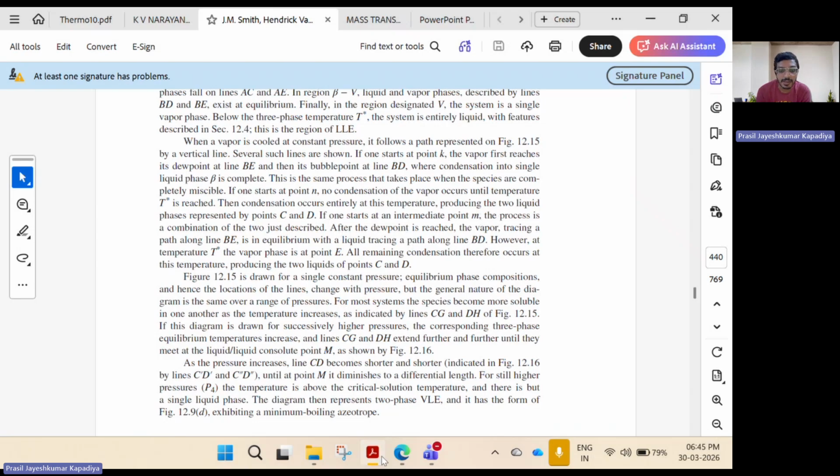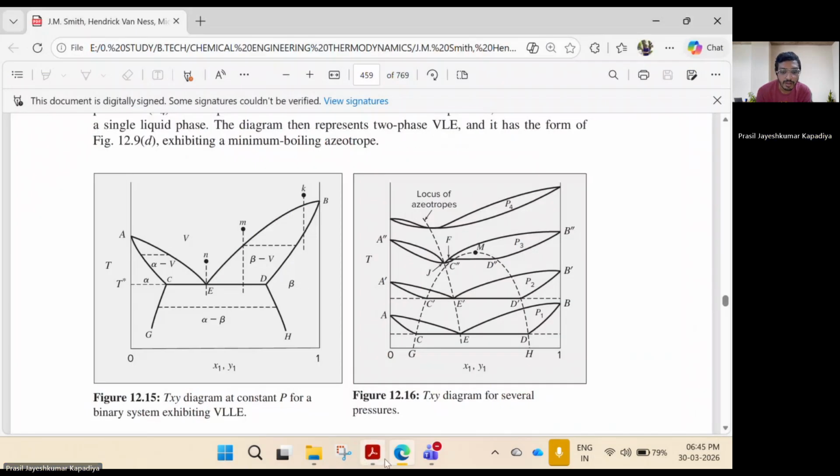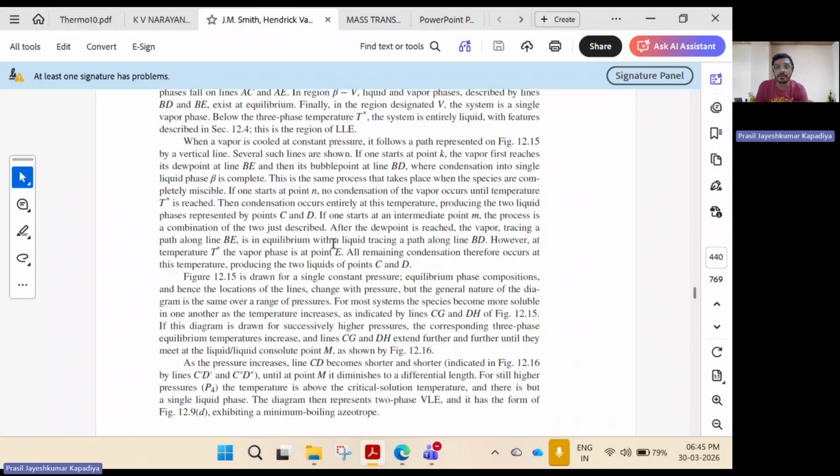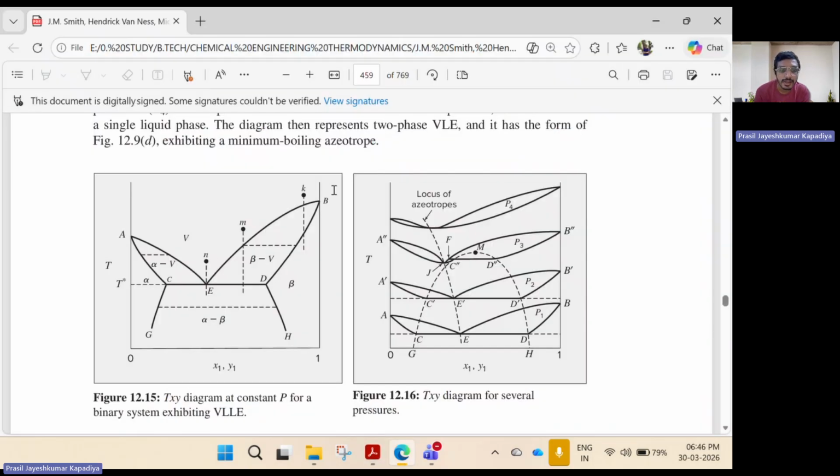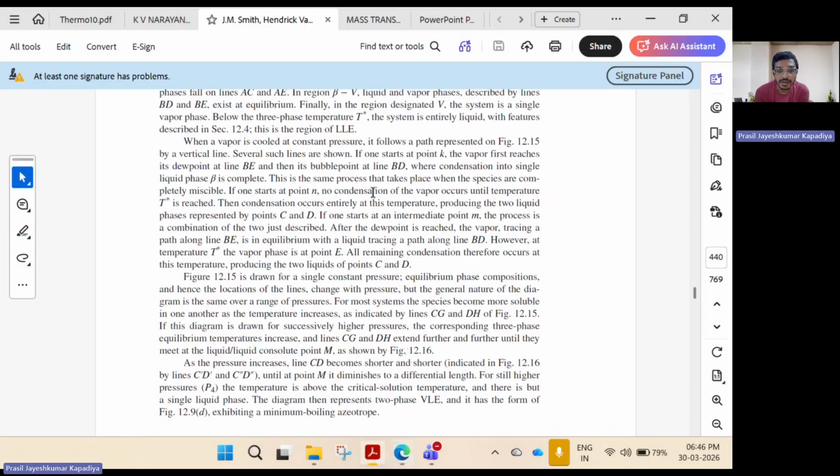If one starts at some intermediate point M, the process is a combination of the two just described. After the dew point is reached, the vapor traces along the line B. So it will be first this dew curve, then vapor liquid equilibrium beta V, and then B is in equilibrium with liquid tracing along path BD.